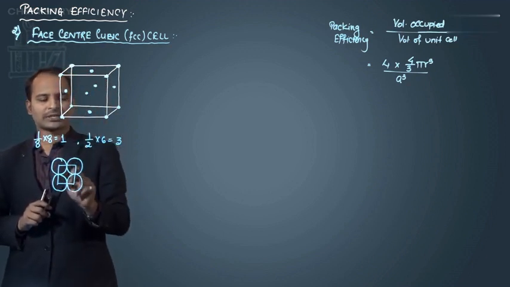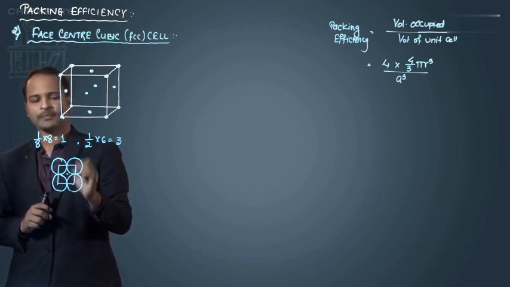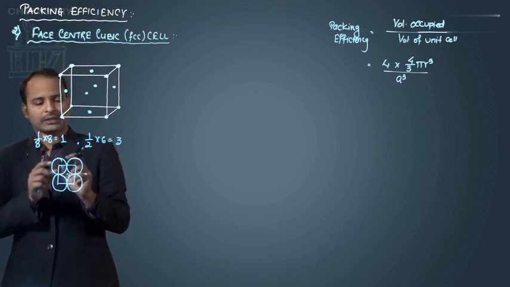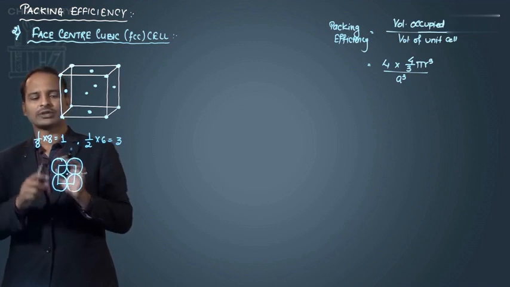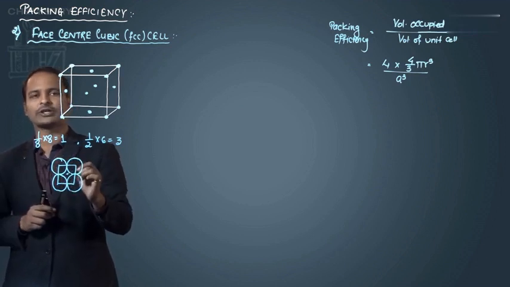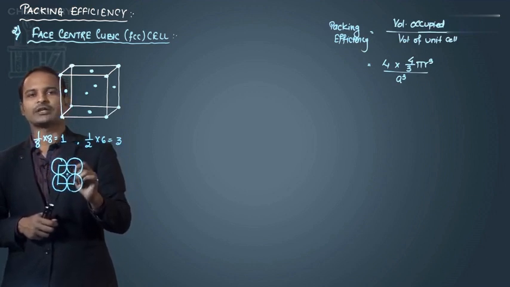At the center of this face, there is one more particle, and it is of the same size. Will that same size particle fit into this void or not? The answer is that the same size particle cannot fit in the void.